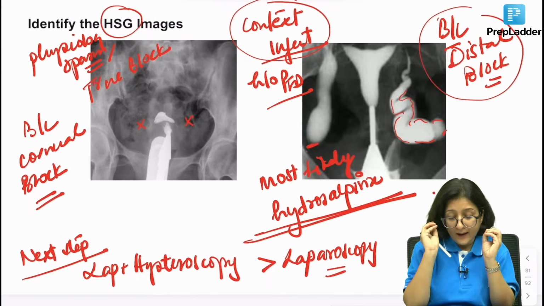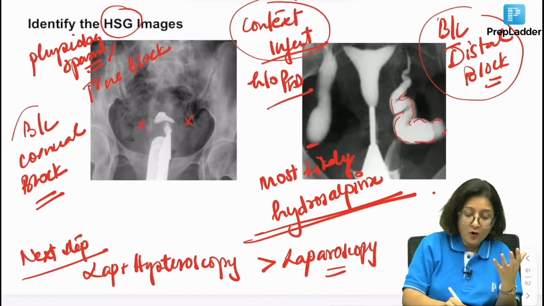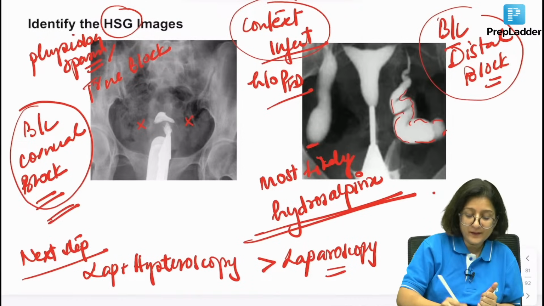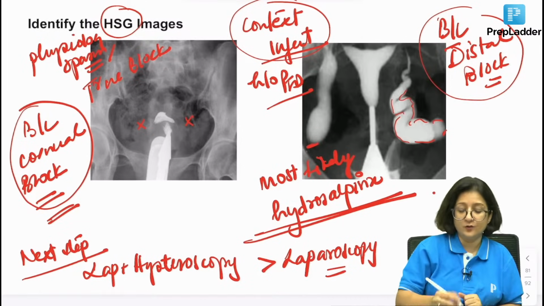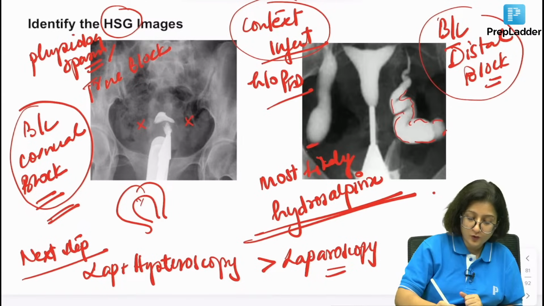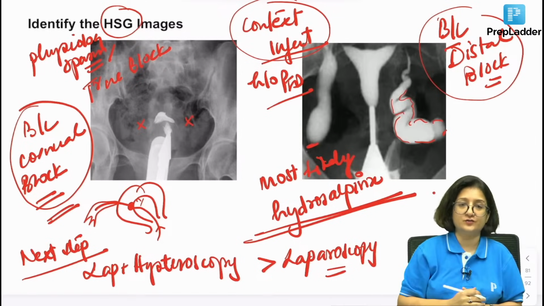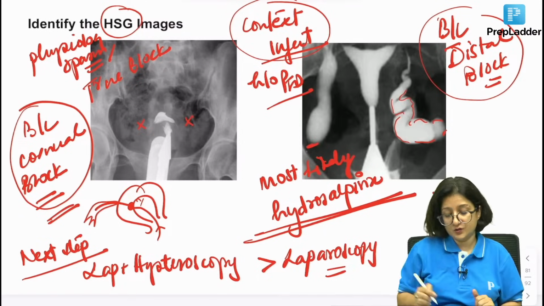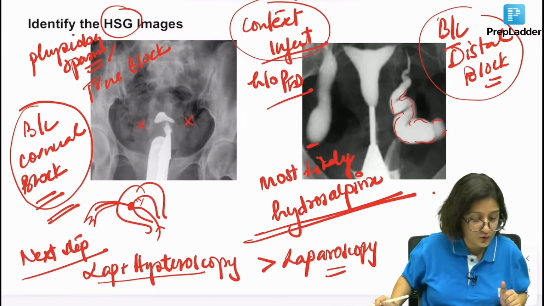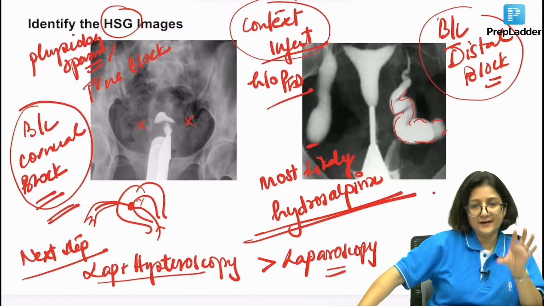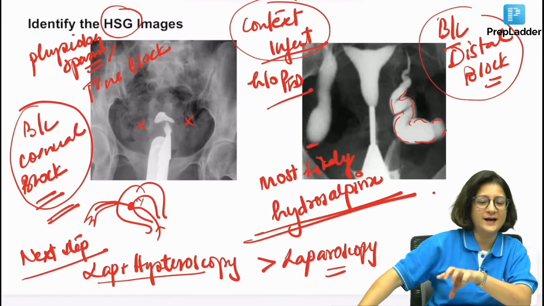And if it is actually a cornual block, I may be able to attempt hysteroscopic cannulation. So better to go for laparoscopy plus hysteroscopy, and if that is in the options, you pick that as the answer, otherwise laparoscopy.